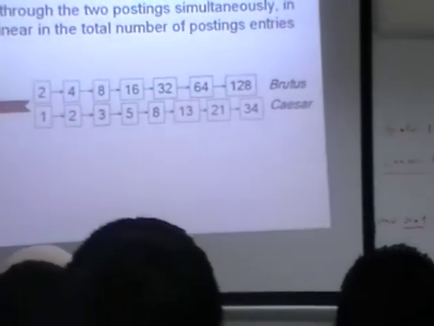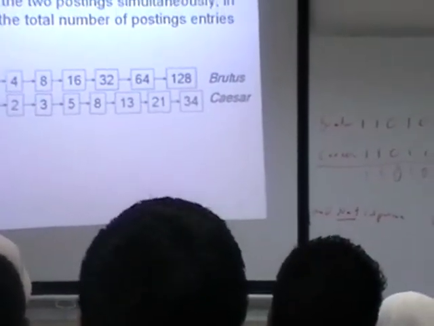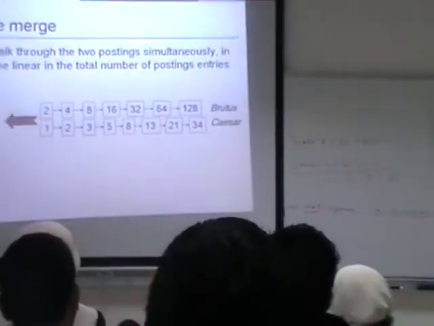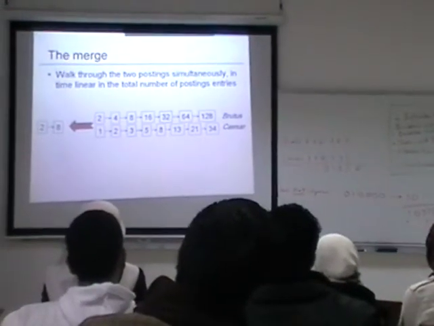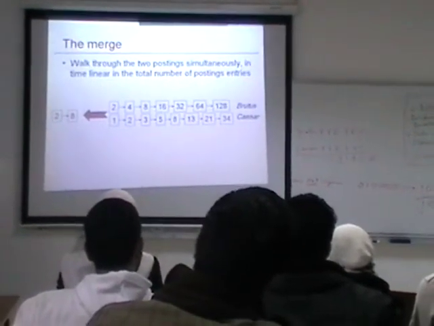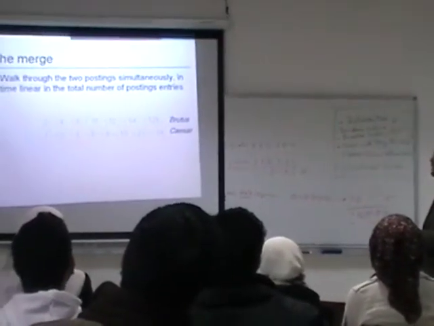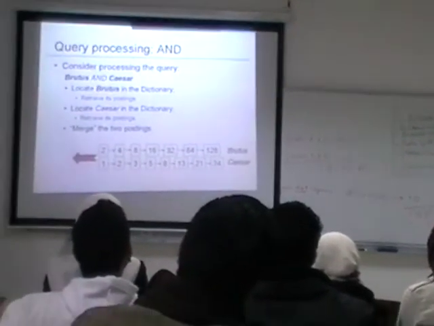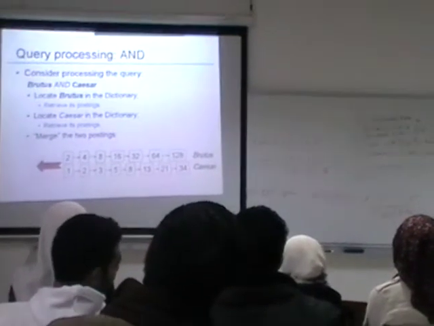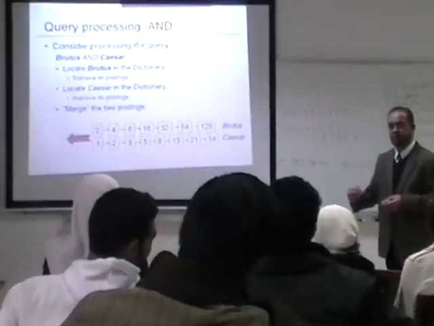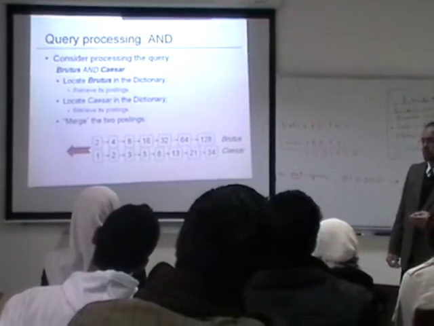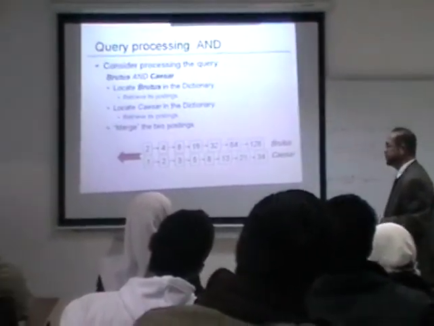So 2 and 8 are the intersection of these 2 lists, meaning the documents that exist in both lists. This is called the intersect or the merge. We will go through it in more detail in the next part of this series of review lectures.